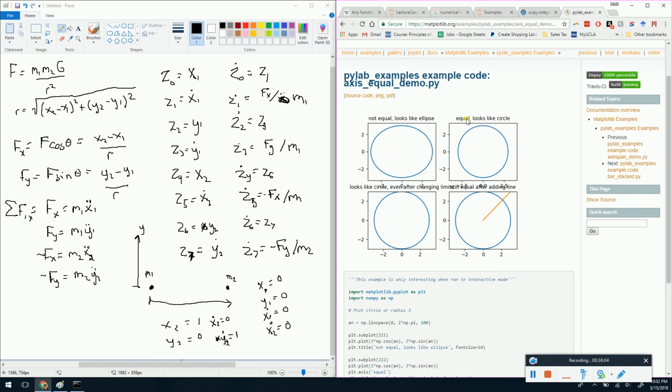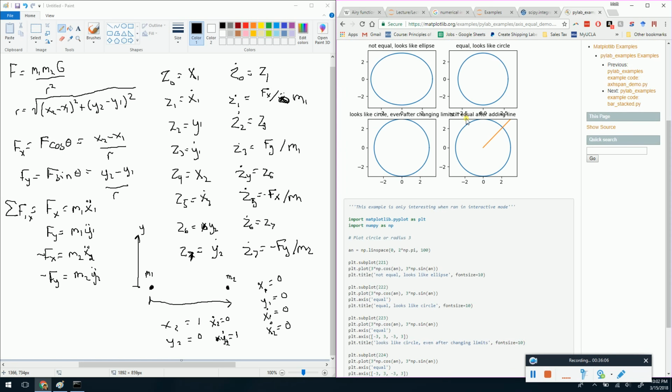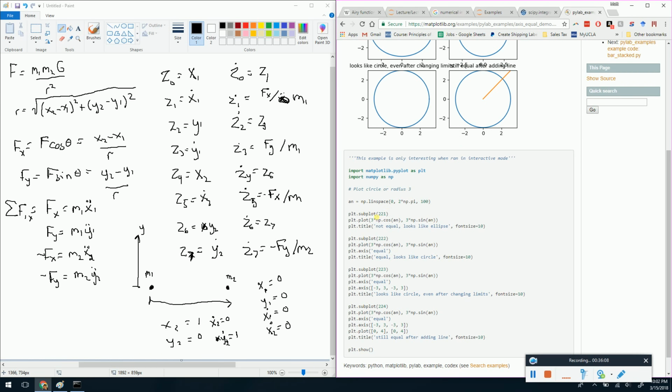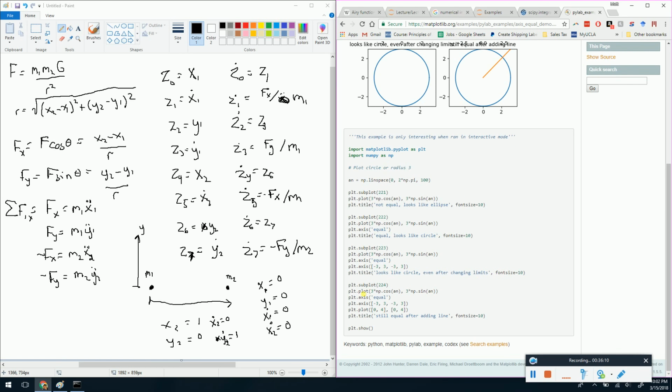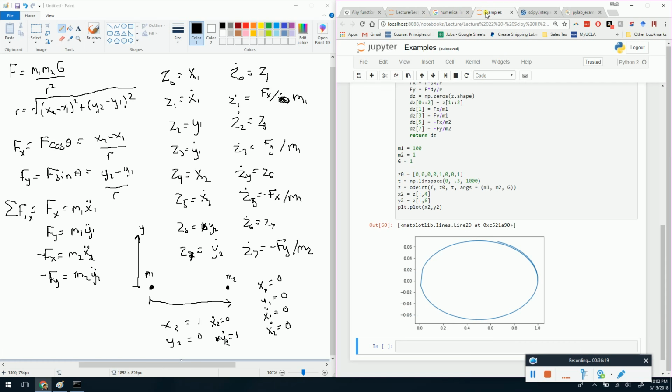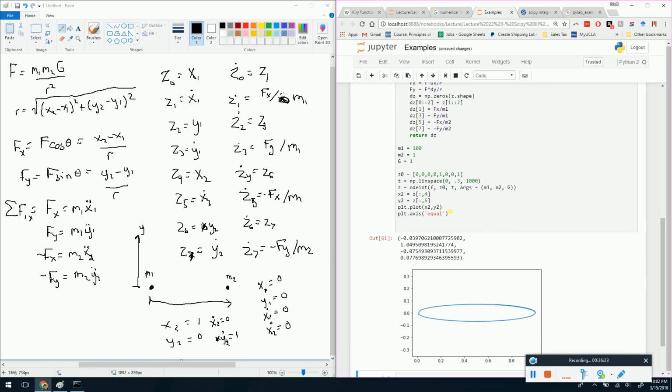Yeah, we want the axes equal. plt.axis equal. All right, so see, that's really tight and it's passing right by that thing. So we want this to be a little bit less massive, and we'll go for a little bit longer in time.